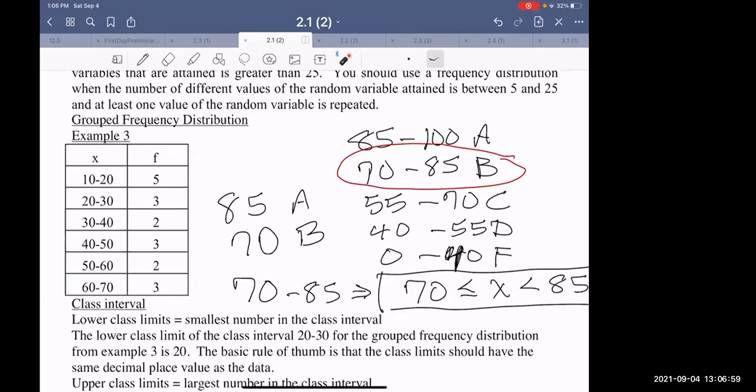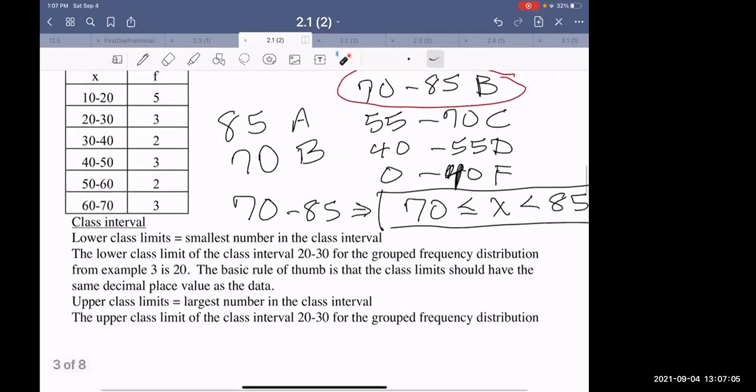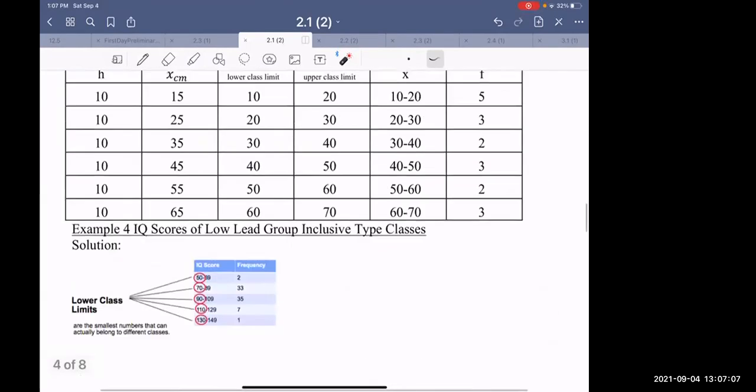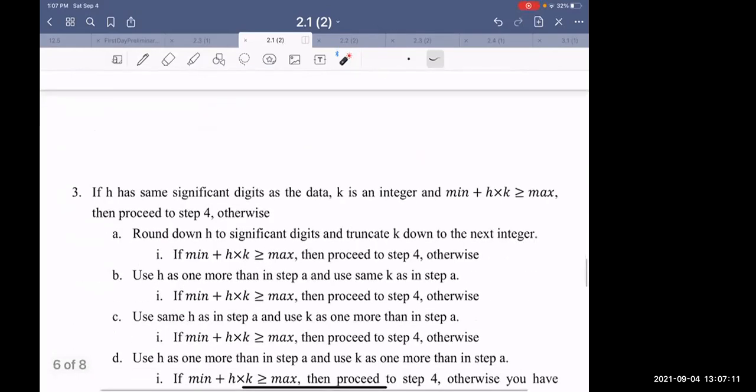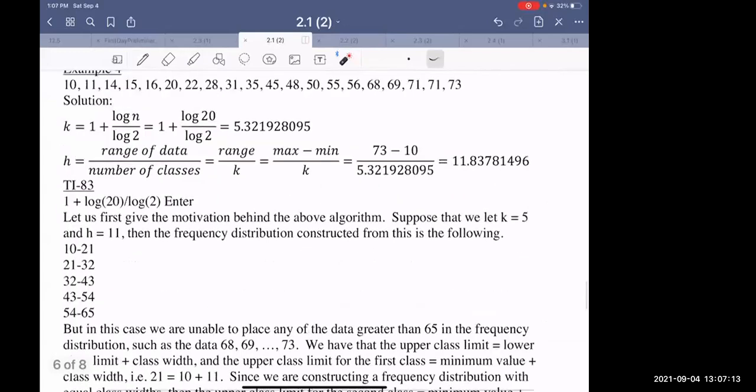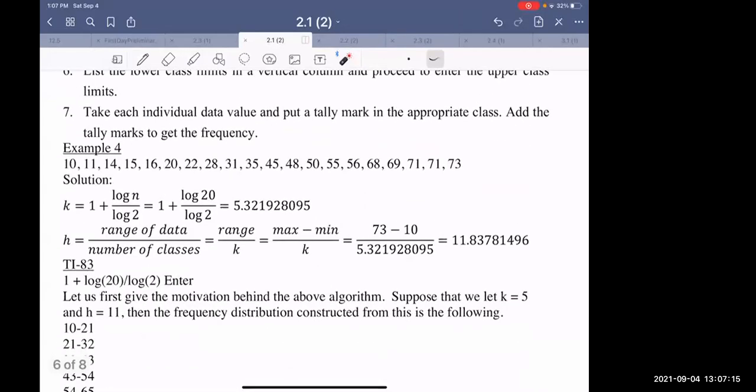Having to add an additional class is much more work than just changing these. So changing this to be bigger, to go from 5 to 6, adds more work than changing this from 11 to 12.